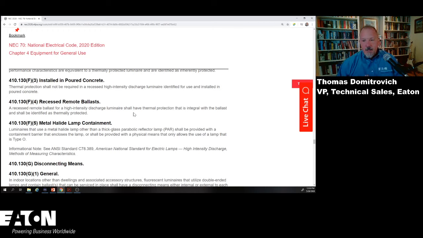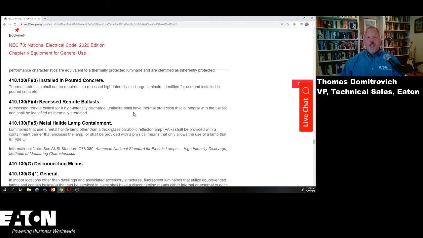Now, here's where my thoughts are. When you get into these types of requirements from a National Electrical Code perspective, I'm sure if I went to the listing requirements for these types of devices, a manufacturer could not make a metal halide lamp containment that did not meet this requirement because it's in the standard. Now, who drove who? It could have been in the standard and they decided to make sure they put it in the code. Some of the reasons why they would want to put that into the National Electrical Code would be in case you're buying something that's maybe not listed, if it's not required to be listed.